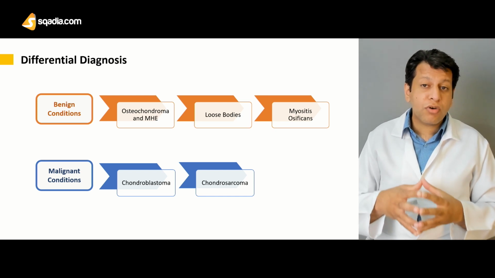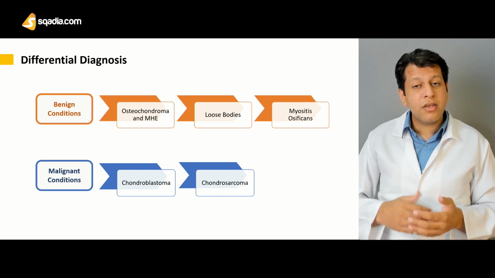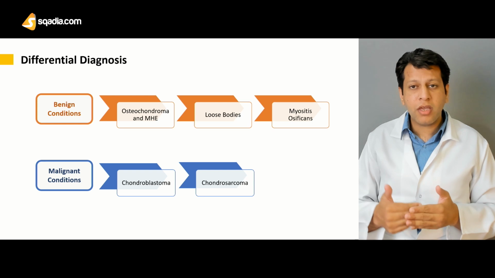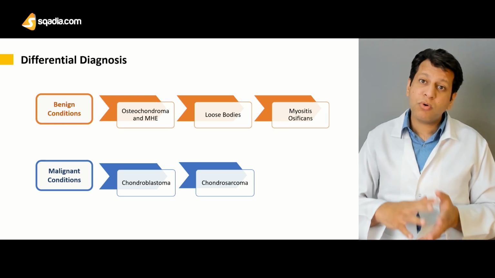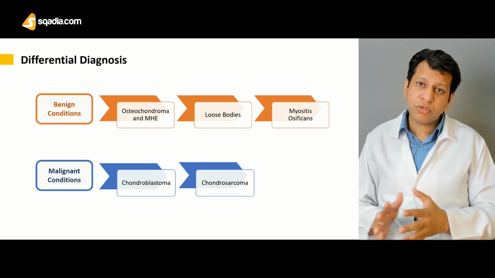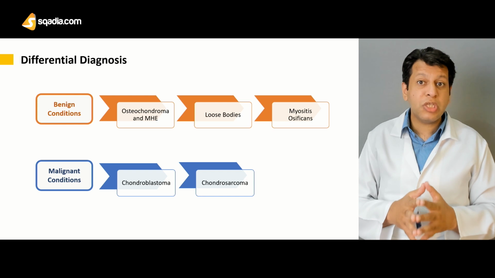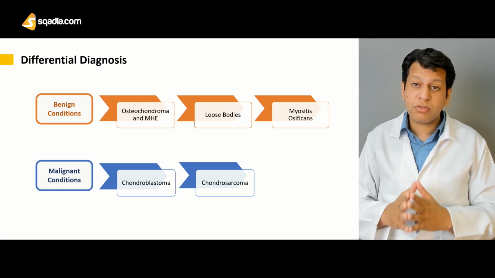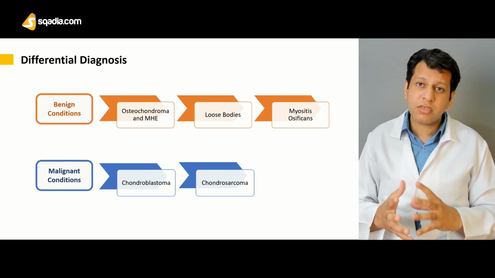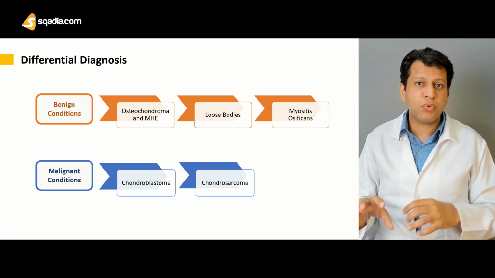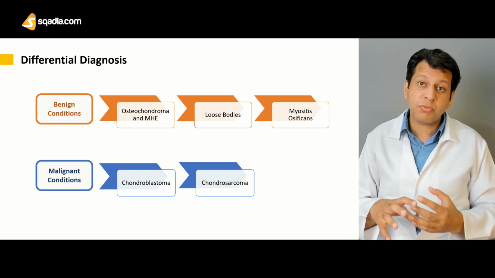Take synovial chondromatosis of the hip joint: if it's a middle-aged man, 40 to 45 years of age, with hip joint pain, locking, and a catching sensation, probably no associated weight loss, but if there is pain and the pain may be severe at night as well, then you should be thinking of chondrosarcoma, because on X-ray they both may have a popcorn appearance, maybe involving the joint, maybe present around the joint as well.